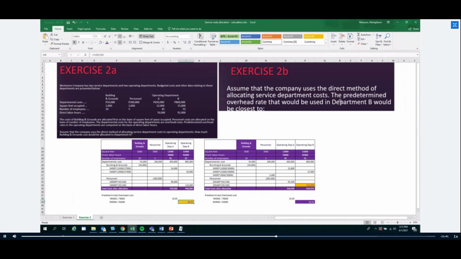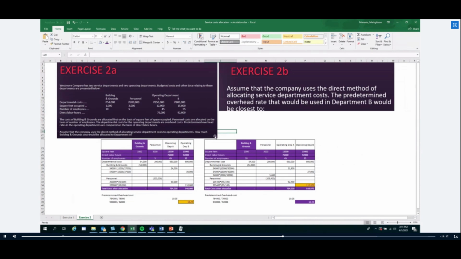Ito ngayon yung nire-require ng problem, no? Predetermined overhead rate that would be used in Department B. So that's 940,000 divided by 92,000, no? So that's your direct labor hours for Department B. So total is 10.22. So the answer to exercise 2B is 10.22.